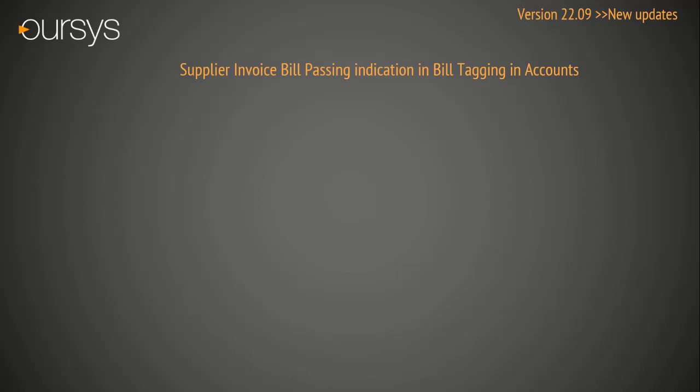Now, in this version, we have given a provision to identify whether supplier invoice bill passing has happened or not, and also provided color indication in the payment voucher in case a debit amount is involved in bill passing booking level. So with these options, the account person will automatically know the status of the purchase voucher or bill passing.